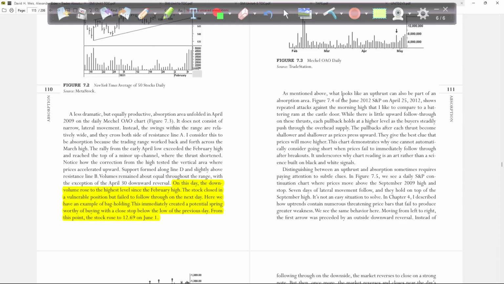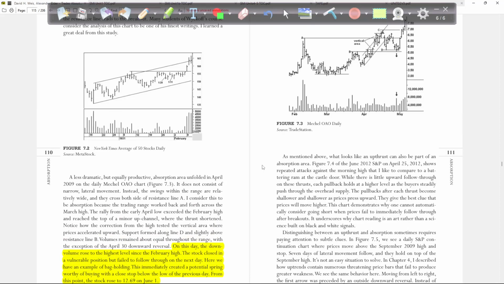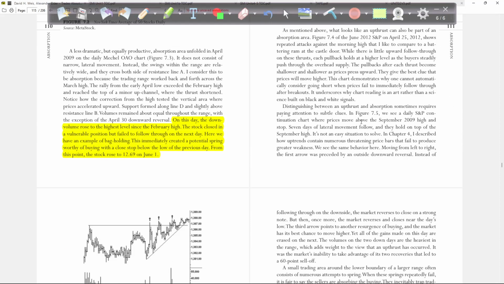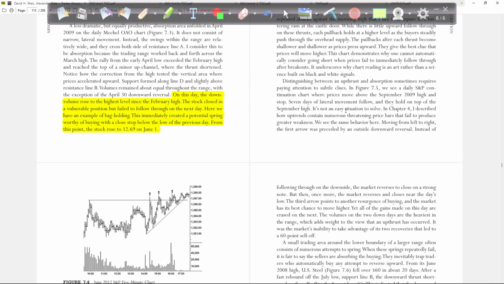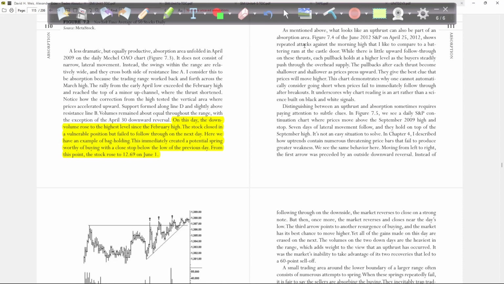Okay, let's go. And as mentioned above, what looks like an upthrust can also be part of an absorption area. Figure 7.4 of the June 2012 S&P on April 25th, 2012 shows repeated attacks against the morning high that I like to compare to a battering ram at the castle door.